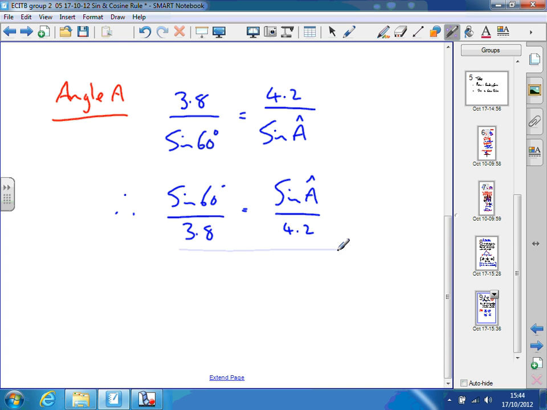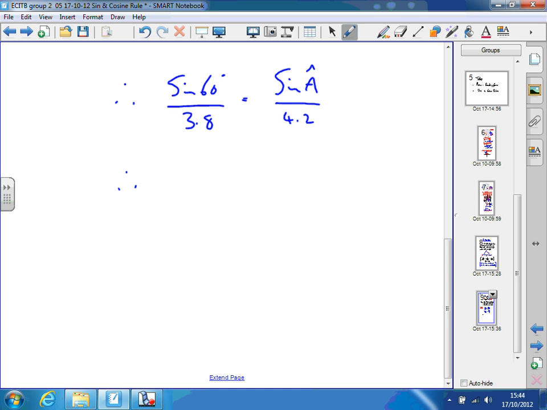Now we've got to do a little bit of manipulation, like a formula. Sine A is divided by 4.2, so I want to get rid of the 4.2, so multiply. So therefore, sine A, which is what we're after, equals this ratio, sine 60 over 3.8 multiplied by 4.2. Now I could at this point work it out, but the calculator will allow us to do it in one hit.